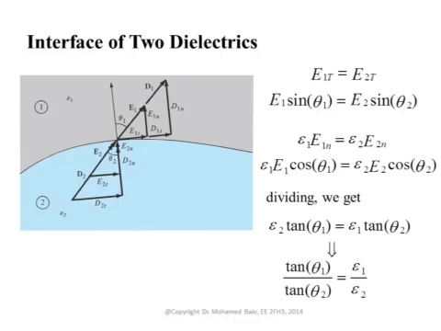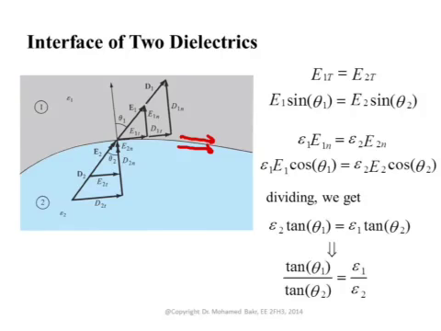We know that the tangential components of the electric fields are continuous. Once you cross the boundary, if it is, for example, 5 volt per meter, it's still 5 volt per meter. So E1 tangential is E1 sine theta 1, and E2 tangential is E2 sine theta 2.